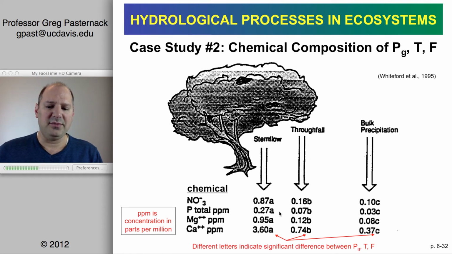And that's where the letter comes in. Anytime you have a number that has a unique letter, it means it's unique. So in this case, if we compare nitrate, stem flow is 0.87, through fall is 0.16, and bulk precipitation is 0.1. Each one has a different letter. That means that each one is unique. It's no surprise that 0.87 is different from 0.1.